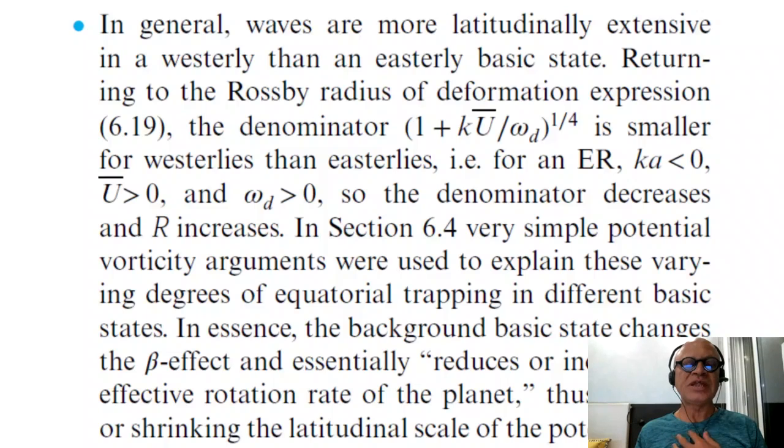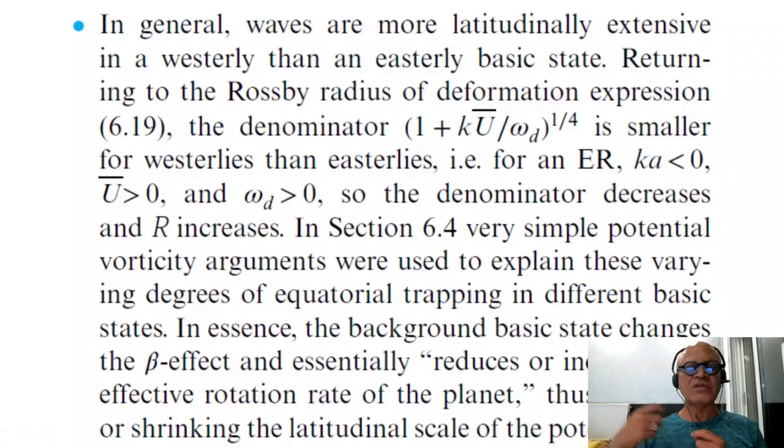Rossby radius of deformation has an expression with the denominator which has the background basic state velocity and the Doppler shifted frequency as well as zonal wave number. This is smaller for westerlies than easterlies. So for an equatorial Rossby radius where the zonal wave number is negative and the basic state is westerly and the Doppler shifted frequency is positive, this will decrease and R increases, Rossby radius of deformation increases.